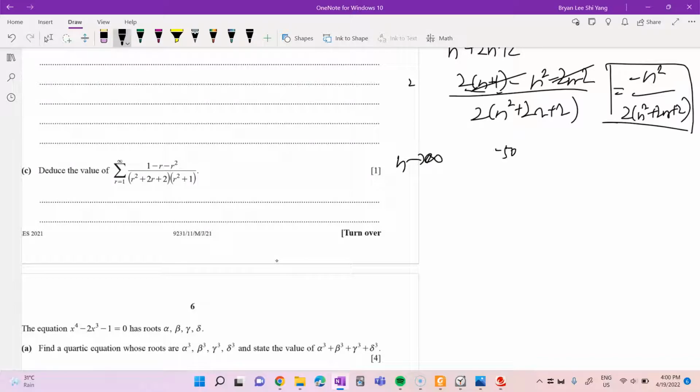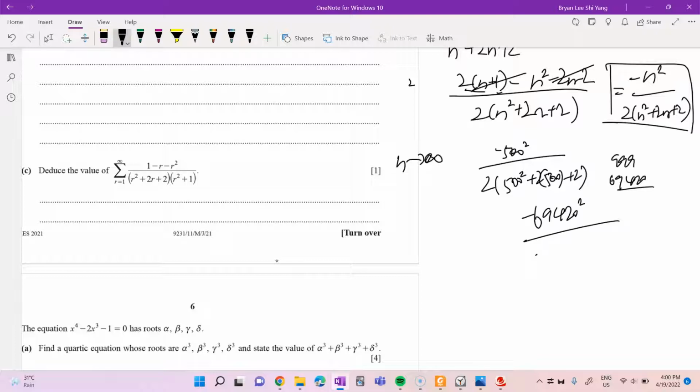So let's say negative 500 squared over 2 times 500 squared plus 2 times 500 plus 2. Or we could put say 9999, or even 69420. Anything. 69420 squared over 2 times 69420 squared plus 2 times 69420 plus 2.